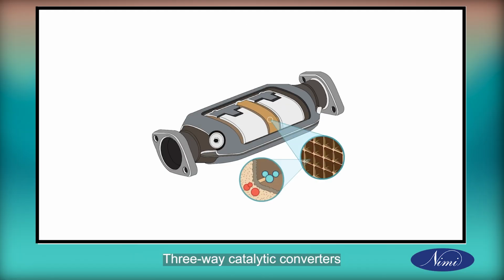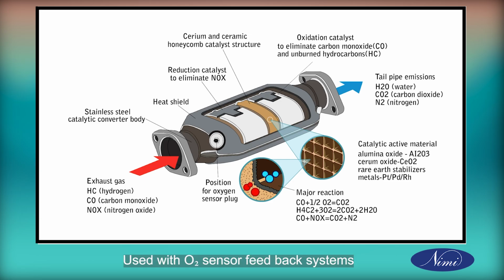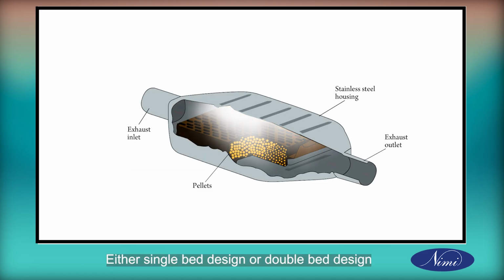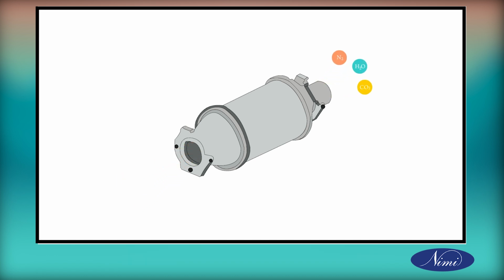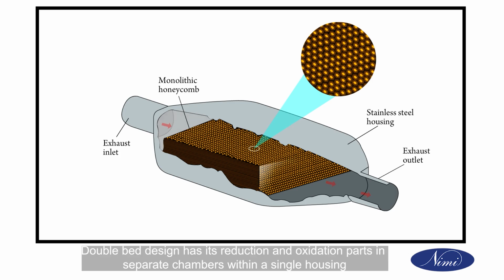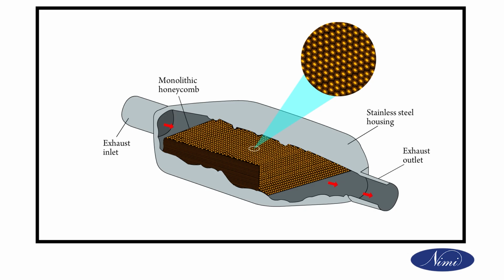Three-way catalytic converters, used with O2 sensor feedback systems, reduce NOx and oxidize HC and CO, in either a single-bed or double-bed design. The single-bed design is a single unit that reduces and oxidizes all three emissions at once. The double-bed design has its reduction and oxidation parts in separate chambers within a single housing.